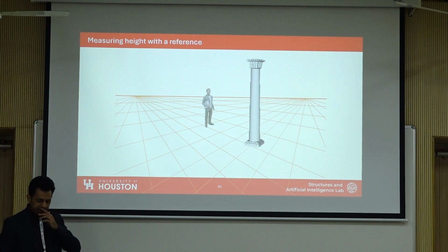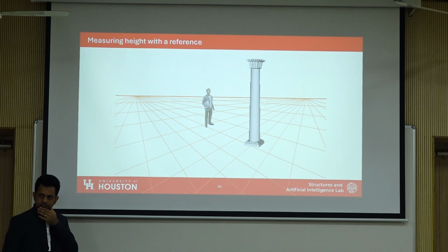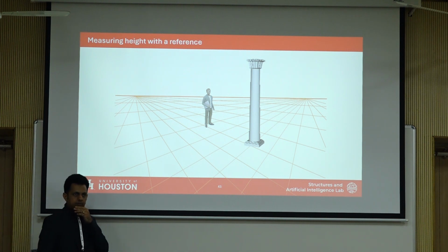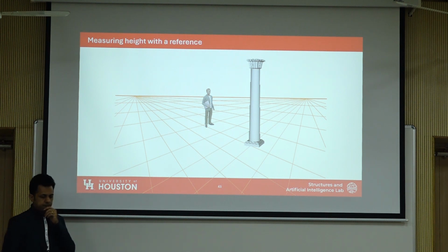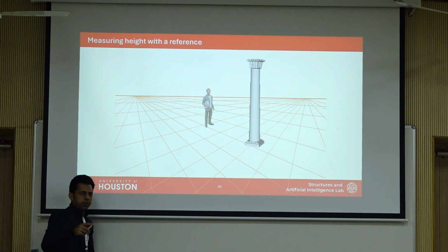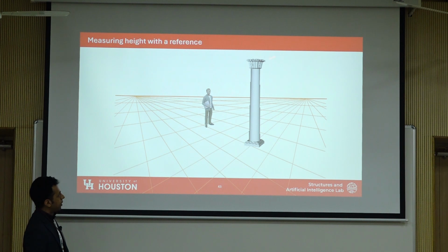And say I want to measure the height of this column. So how would you do that? With the help of? Yeah. So I want to find the height of the column. I know the height of the man. Yeah, but what's the problem here? Why is it difficult to do that?